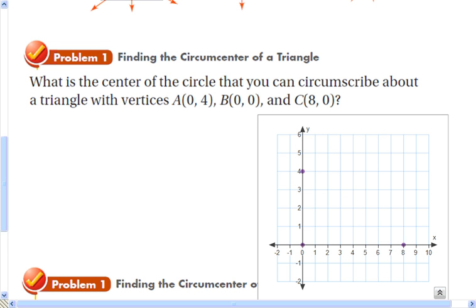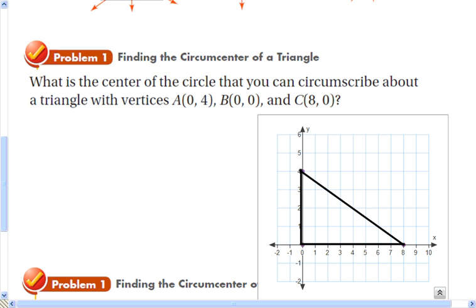And if we connect those points with segments to make a triangle, now we want to find the point of concurrency of the perpendicular bisectors of the sides.